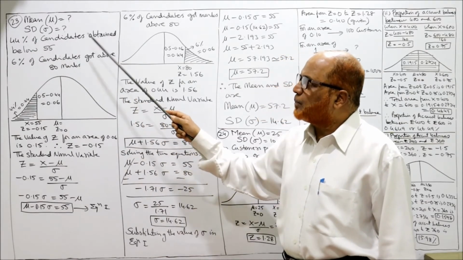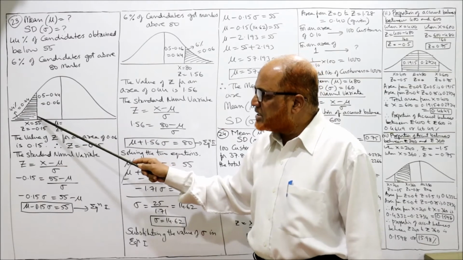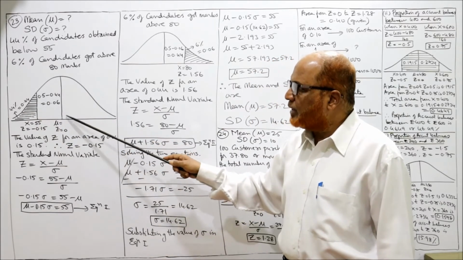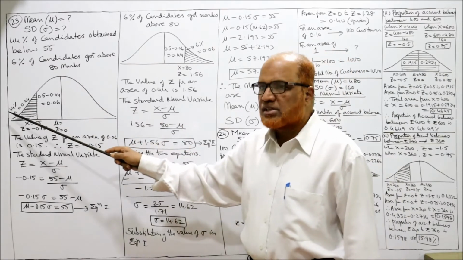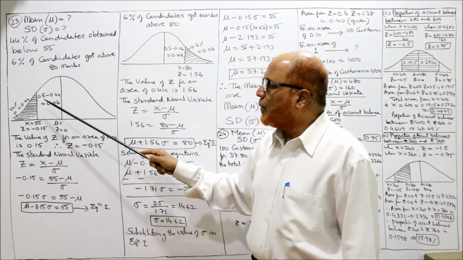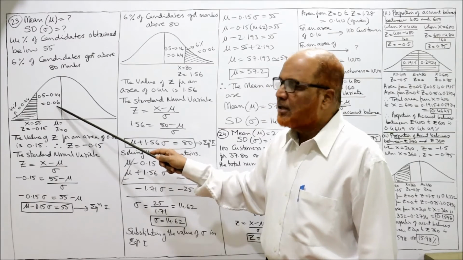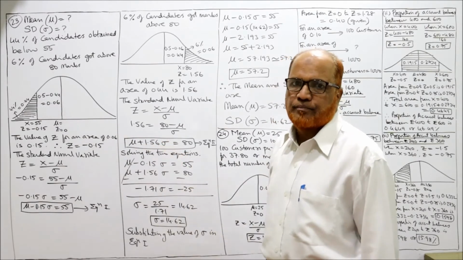So below x is equal to 55 is 44%. Total area from the middle is 50%. 44% means 0.44. So 0.5 minus 0.44, you will get 0.06. This unshaded area we got is 0.06.